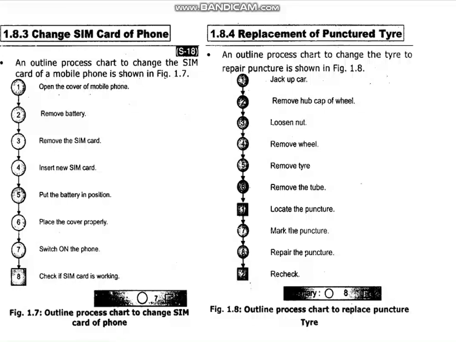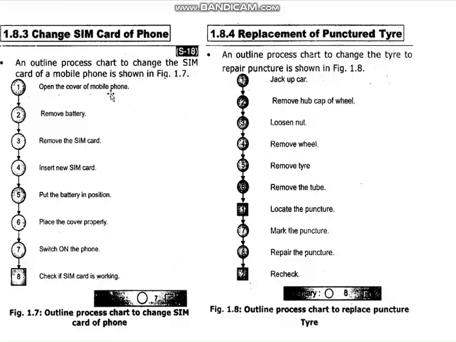Now what will you do? You have to open the cover of the mobile phone. Nowadays with just one pin we press, and the tray comes out. Okay, whatever it is.